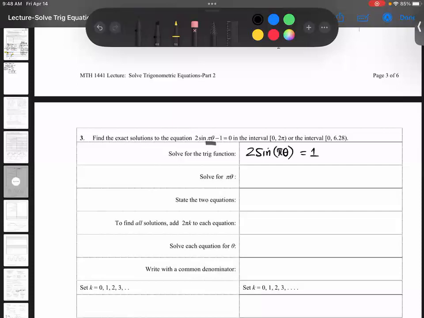You add one to both sides, cancel, and then divide both sides by 2. Sine pi theta equals 1/2. Notice that I put the pi theta inside a parenthesis, just to remind me that's the angle. That's my new angle.